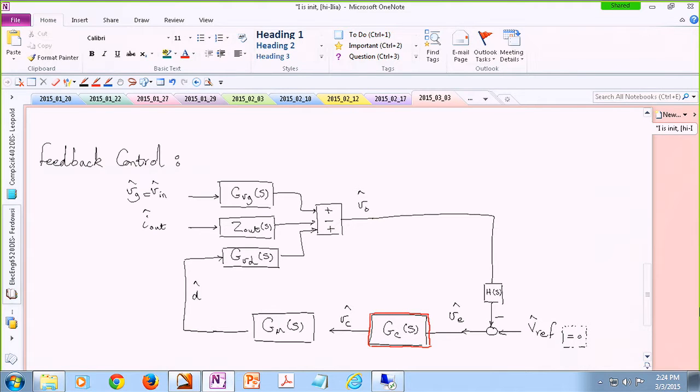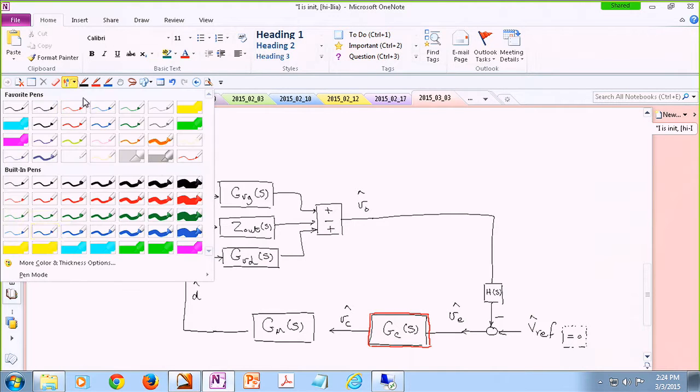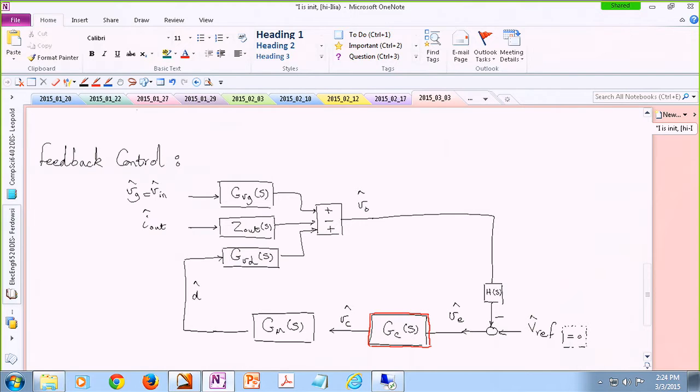All right, so what I'm going to do is, again, going back to a classic control class, I'm going to look at this loop gain. Let me use green, for instance. And I call it T, okay?